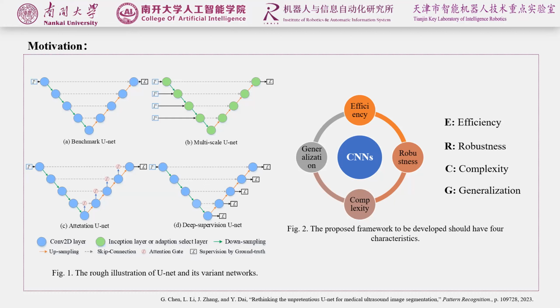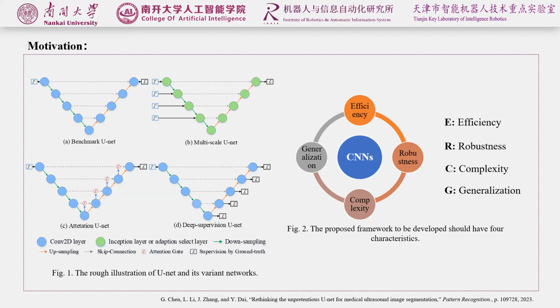It is well known that a proposed model should take into account the 4 properties shown in Figure 2: efficiency, robustness, complexity and generalization.